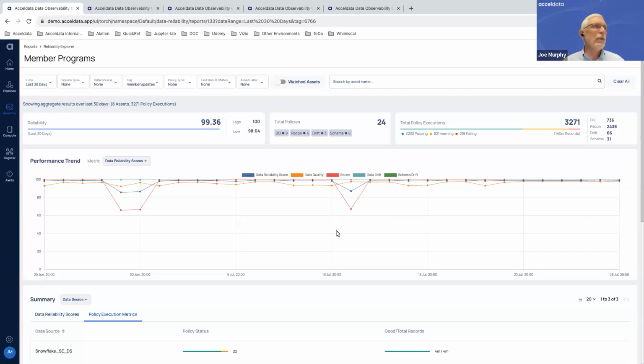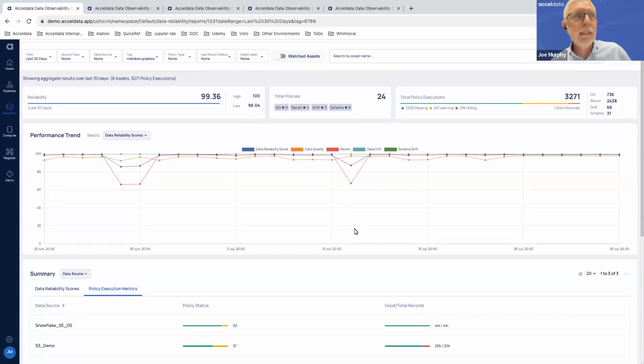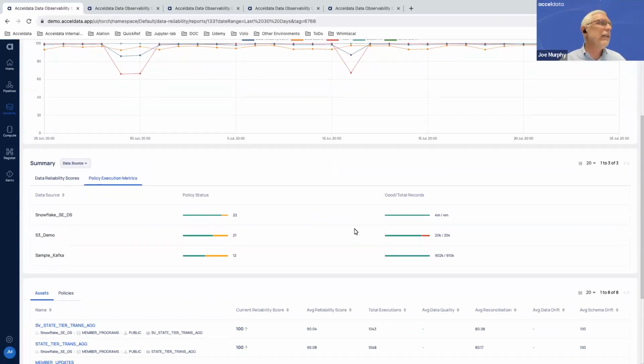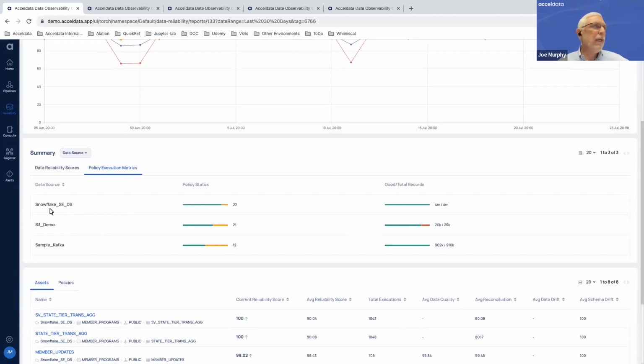Okay, so let's drill a little deeper. I can see my reliability score, which is pretty high, but I see I had previous dips, and these are reconciliation events, right, that are causing that, but I can drill down to see different sources. Maybe this Snowflake data source is the end source of my data, but I'm also monitoring farther upstream in this flow, and I'll show you.